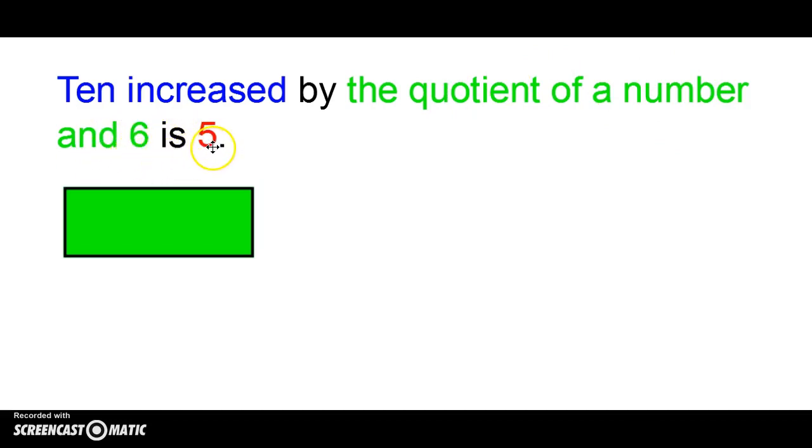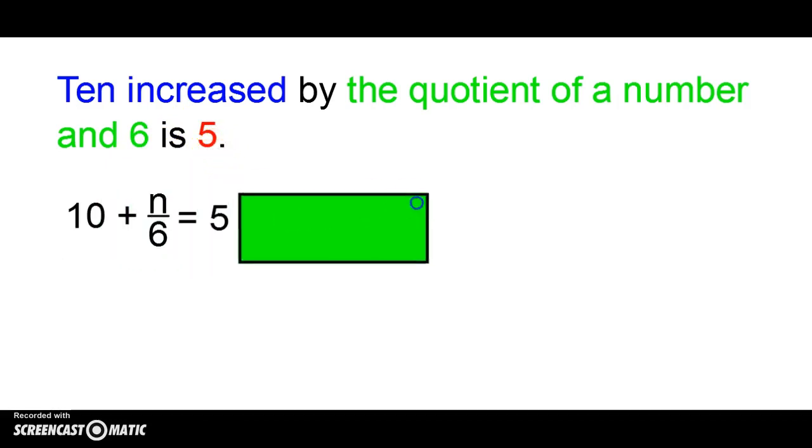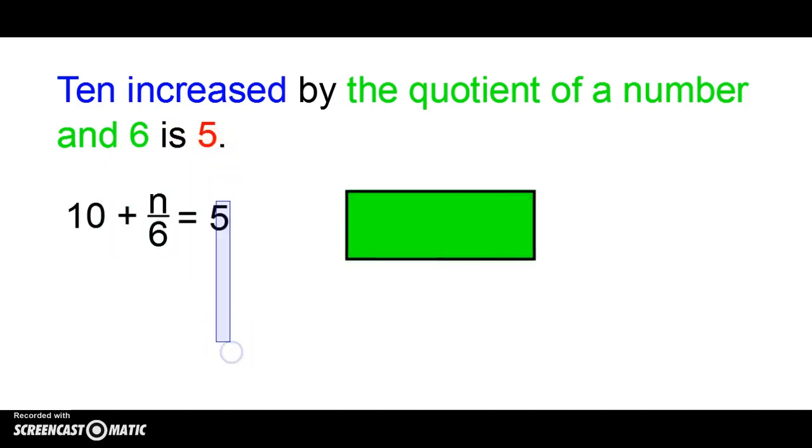Then your equal sign, 5. So one more time: 10 increased by a quotient of a number and 6 equals 5.